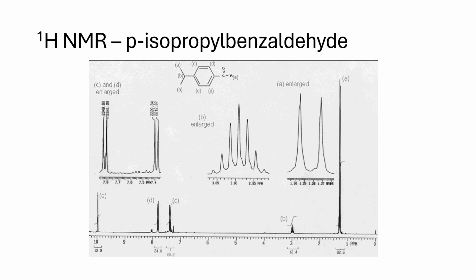In this molecule that we have here, para isopropyl benzaldehyde. So remember the aromatic compounds. We have here benzaldehyde with a para isopropyl. But what we want to see here first, in the aromatic region, we have some symmetry.